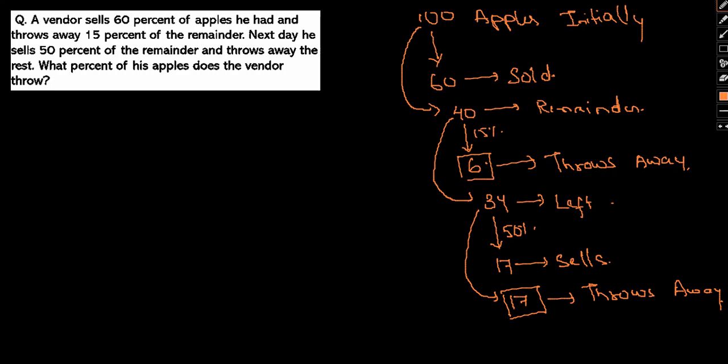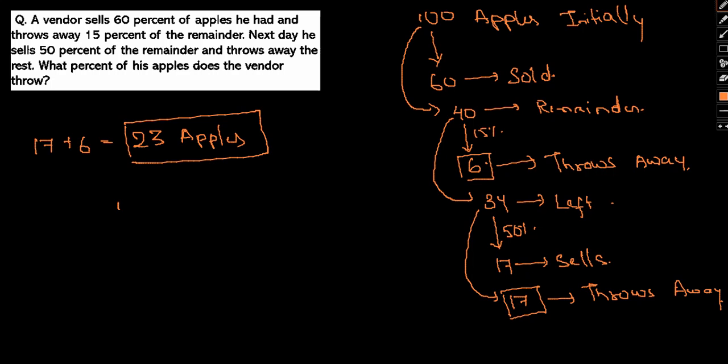What percent of the apples does the vendor throw away? So the vendor throws away 17 plus 6, equal to 23 apples, that is 23% he throws away. Okay, so I hope this is clear to you. Here 23 is our answer.